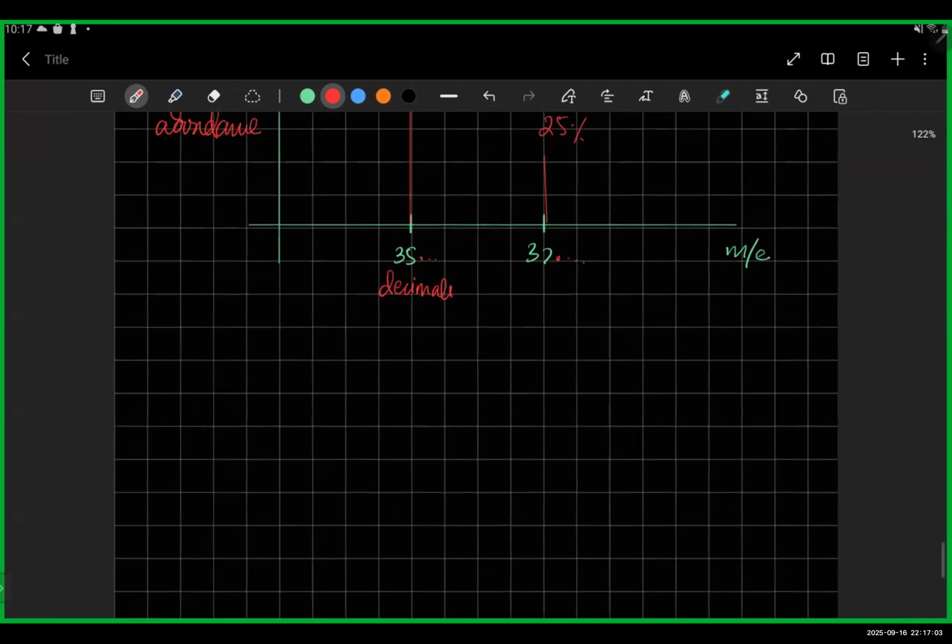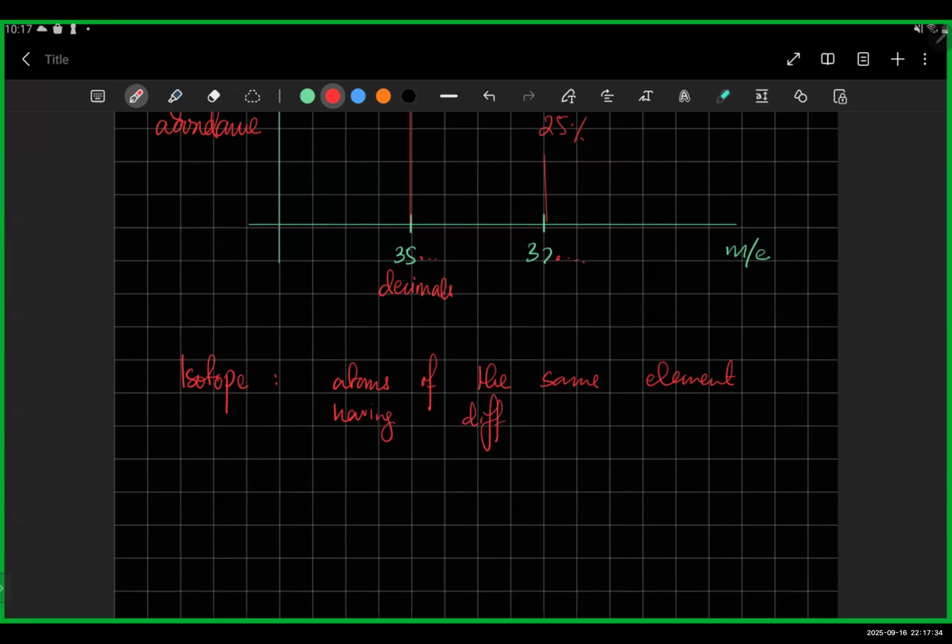ठीक है? Now I'm just going to write the isotope definition, which is what's an isotope? It's the same O levels definition. It's a क्या definition the isotope? It's having different atoms of the same element having different nuclear numbers.